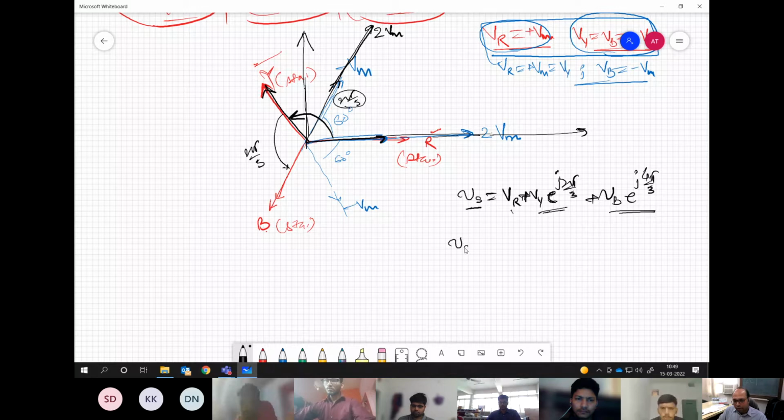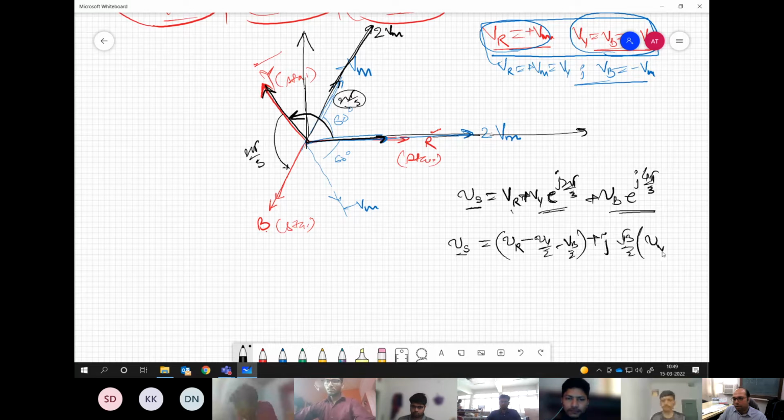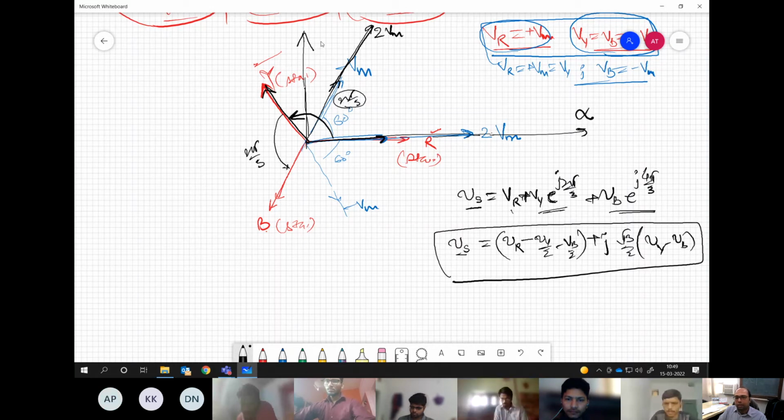Now, when you have continuous quantities, this will boil down to something like VR minus Vy by 2 minus Vb by 2, plus j times root 3 by 2 times Vy minus Vb. And this is what we know as our famous alpha beta transformations.